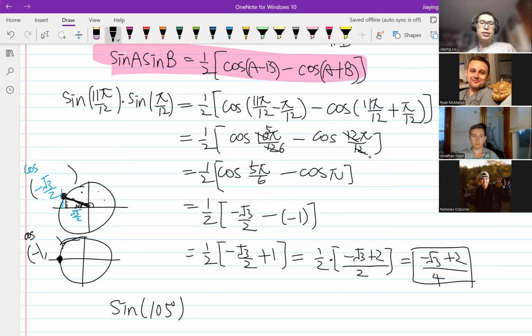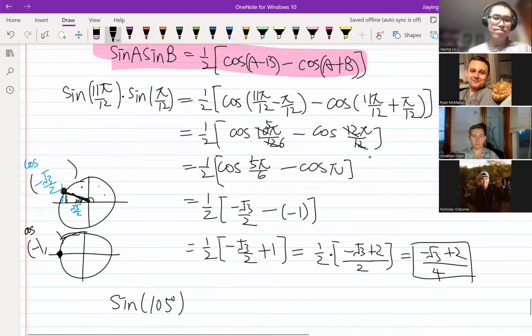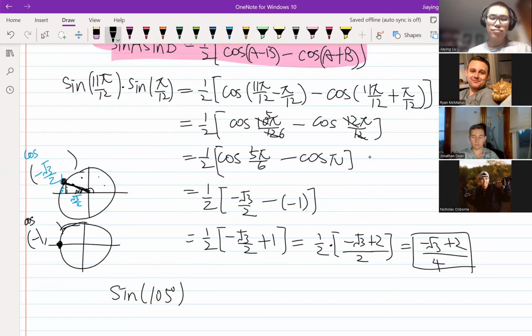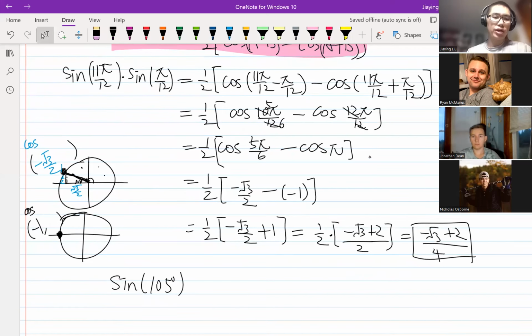All right, so let's see. I'm going to quickly check, I think there's another approach to this problem. So let's see, pi over 12, that's 180 degrees over 12.